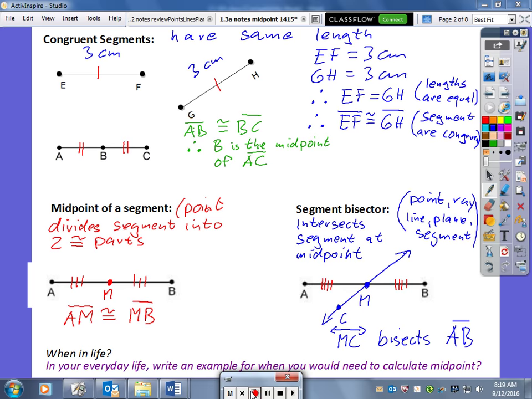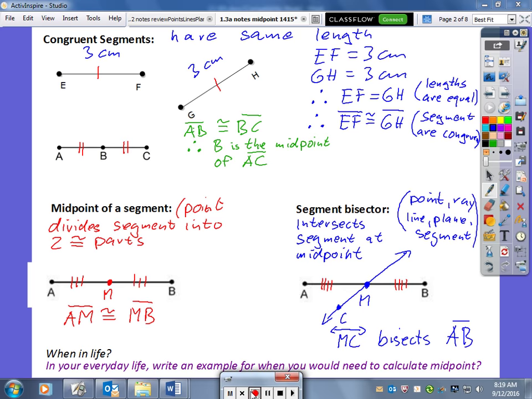You may have noticed that my hash marks, I made them all in red, and I used different numbers of hash marks. It's important for you to remember that if we have several sets of congruent segments, then we have to vary the number of hash marks to indicate which pairs of these congruent segments are congruent to each other and which aren't.